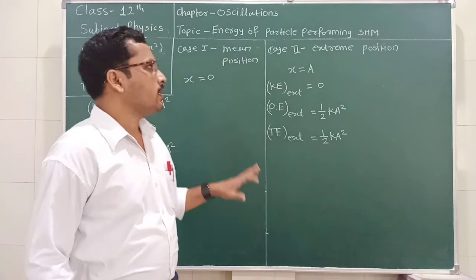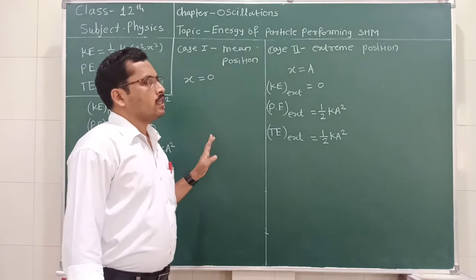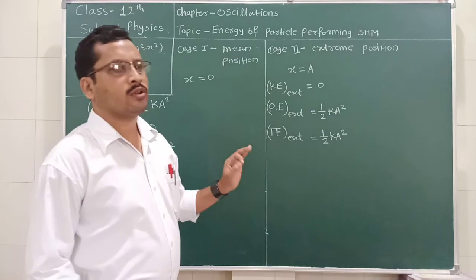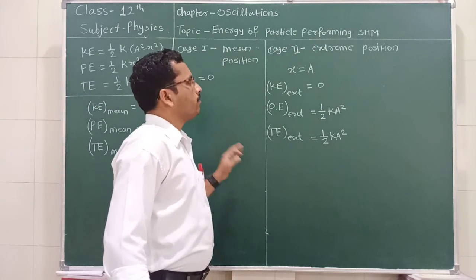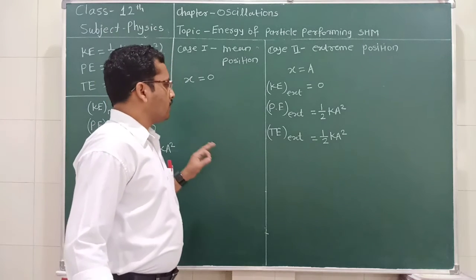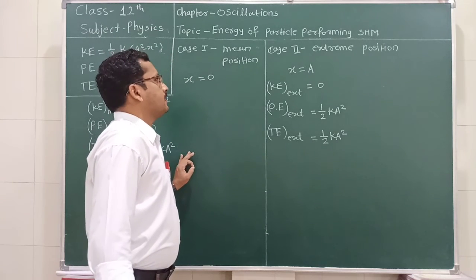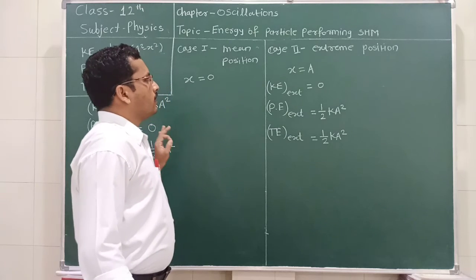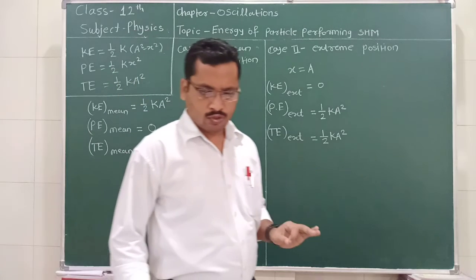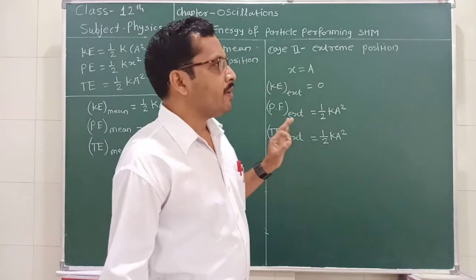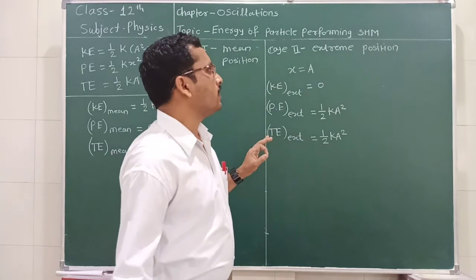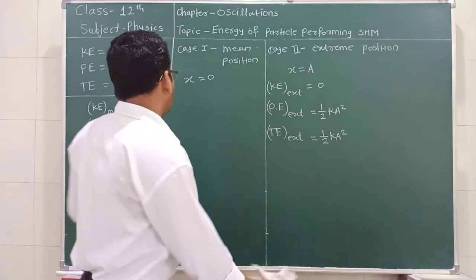So during simple harmonic motion, the total energy of the particle performing SHM remains constant. This is the simple case in which we show that energy is conserved in simple harmonic motion. Now this can be explained on the basis of a very simple graph.